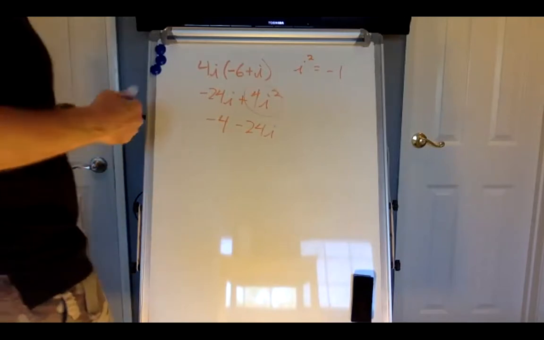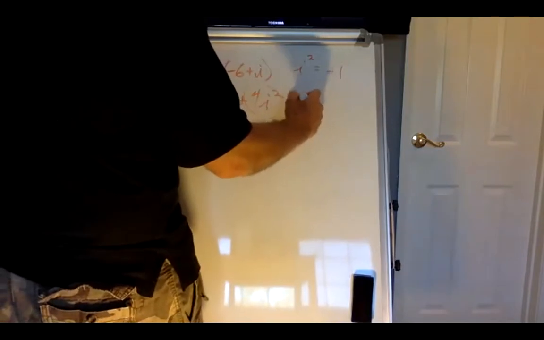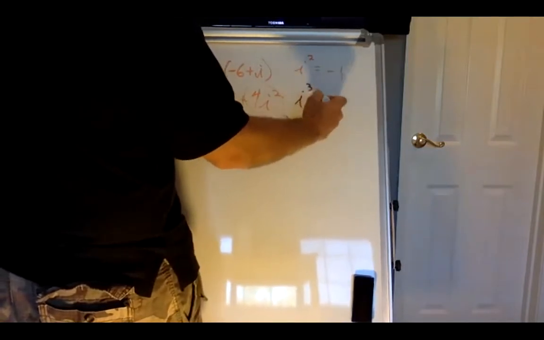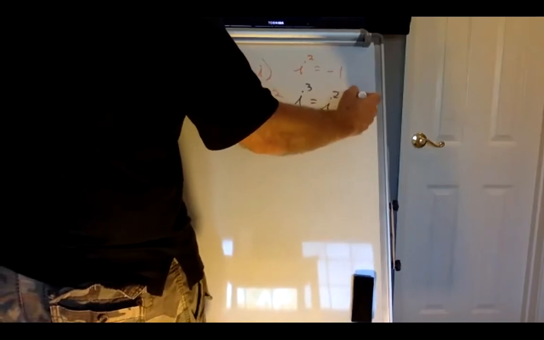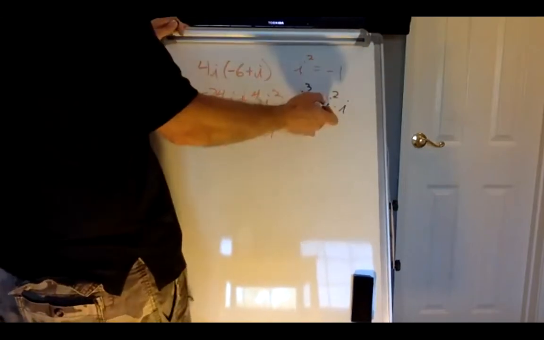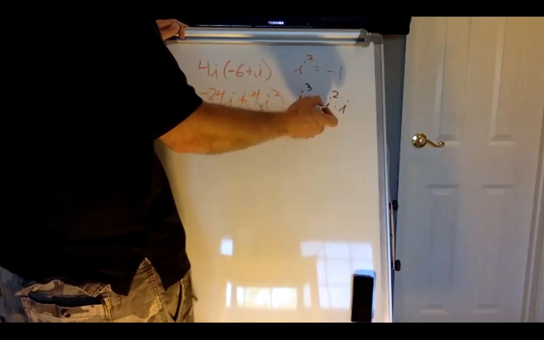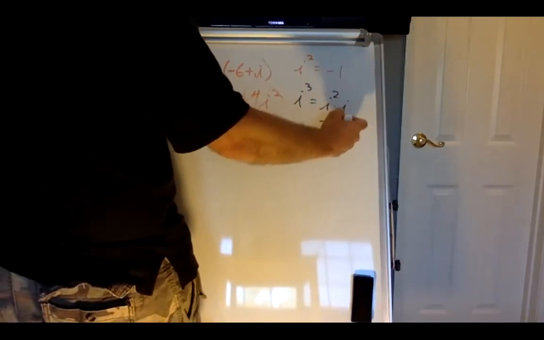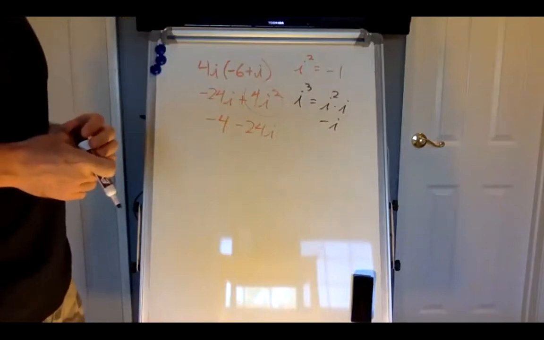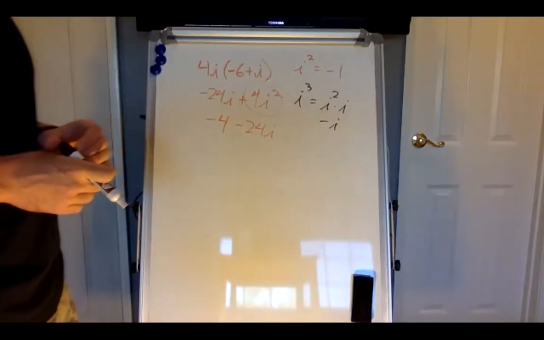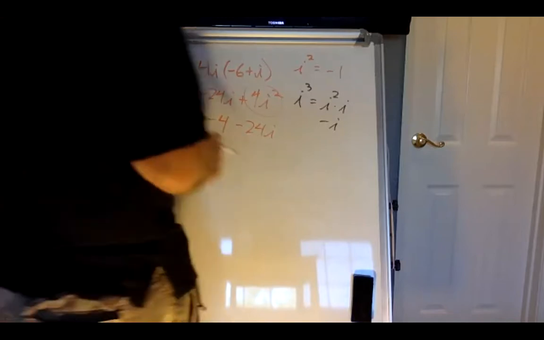What is i cubed? i cubed is negative i. i cubed is i times i squared, so i times negative 1. If i squared is negative 1, then it's just negative 1 times i, or negative i. Okay? So i cubed is negative i. That's weird.